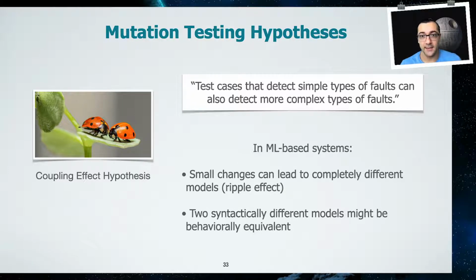So in this case, even though there are large changes, in the end, the two programs are the same thing. So this also poses challenges again, whether the coupling effect makes sense, questioning mostly what we can consider as a small change in the machine learning world. And this is also a call to arms for our community to have a better and more empirical study on this hypothesis, but focusing on machine learning.